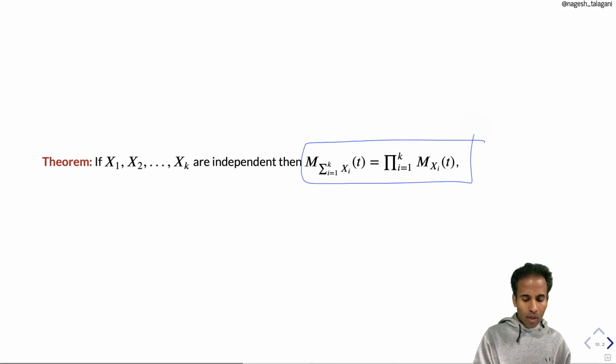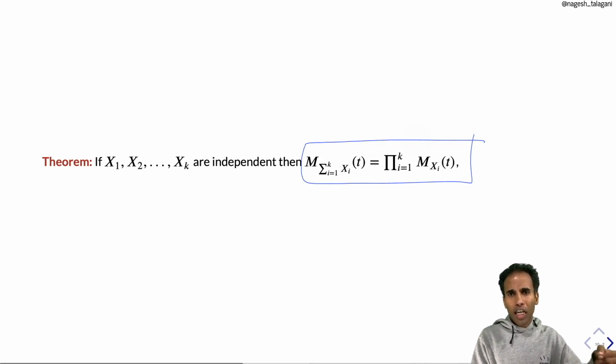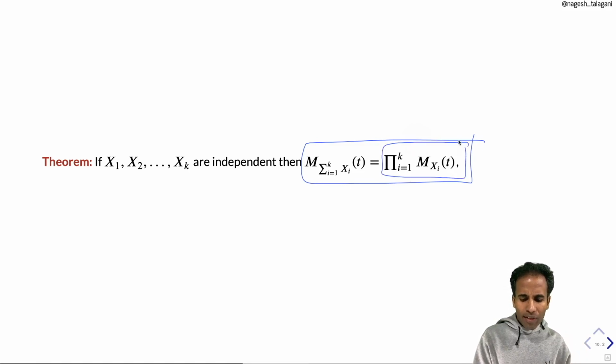Okay, we are going to use this theorem in the following way. If x1, x2, ..., xk are k independent random variables having some known probability distribution, that means you know their MGFs, that is M_x1 of t, M_x2 of t, and so on, M_xk of t known, and you are interested in knowing the probability distribution of the summation of xi from 1 to k, what you do is you focus on this right hand side product.